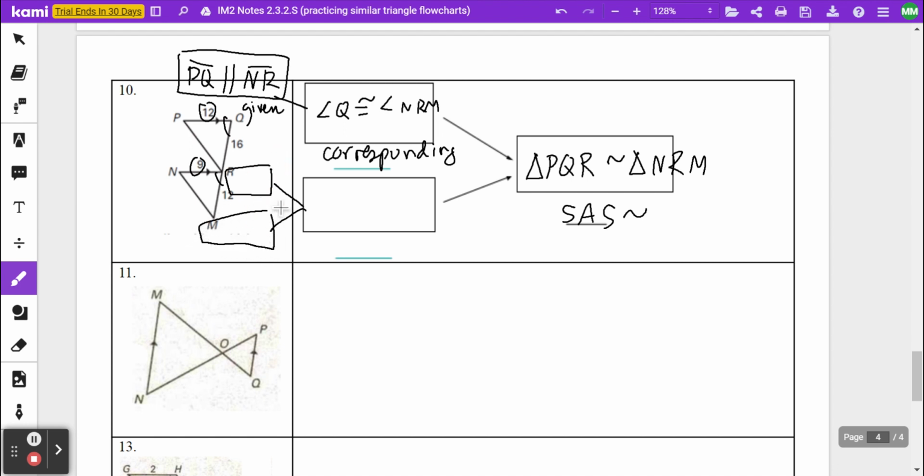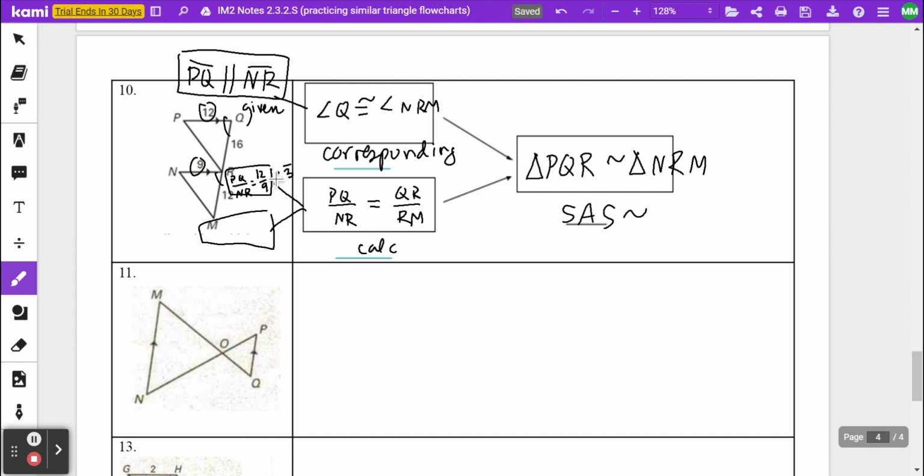We'll make it work. I'm going to hope that PQ over NR is equal to QR over RM. And I'm going to check with calculation. So PQ over NR is 12 over 9, which is 4/3, 1.3 repeating.